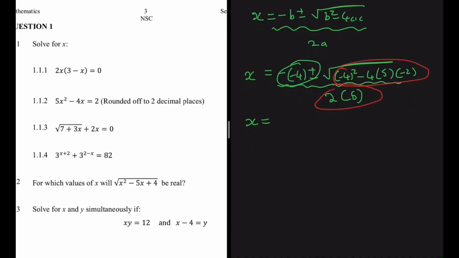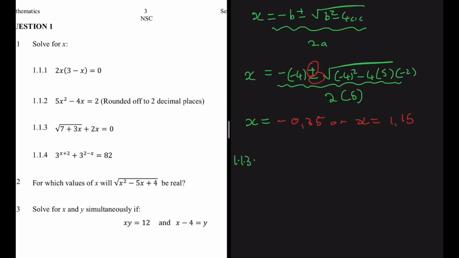So you put it in the calculator, and for the first time you put plus here, and for the second time you put minus, because you're supposed to get 2 values, right? So if you do that, your x will be equal to minus 0.35, or your x will be equal to 1.15.